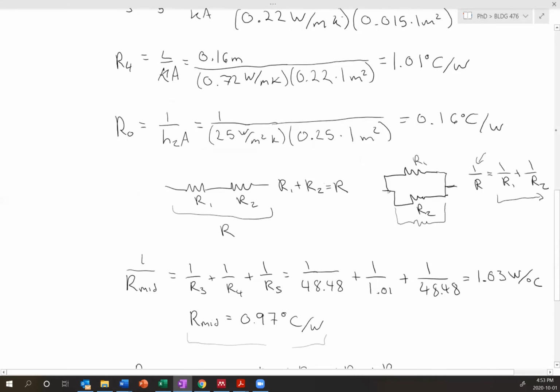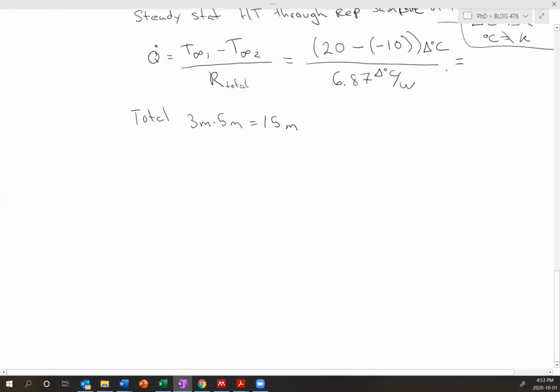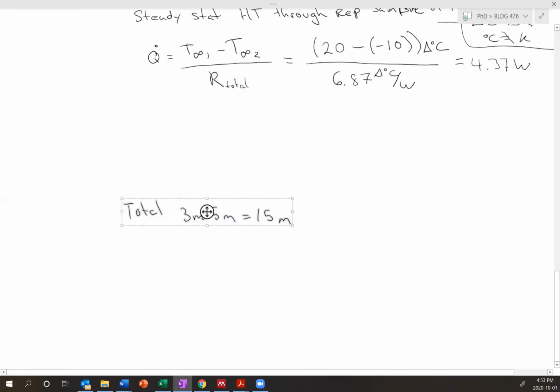Okay, so we're back to the question. I never gave you the answer for this. So once we find this, we can find our Q dot, 4.37 watts.